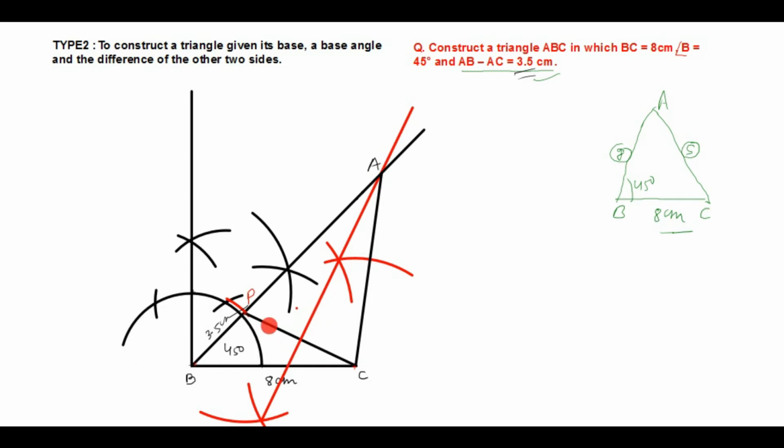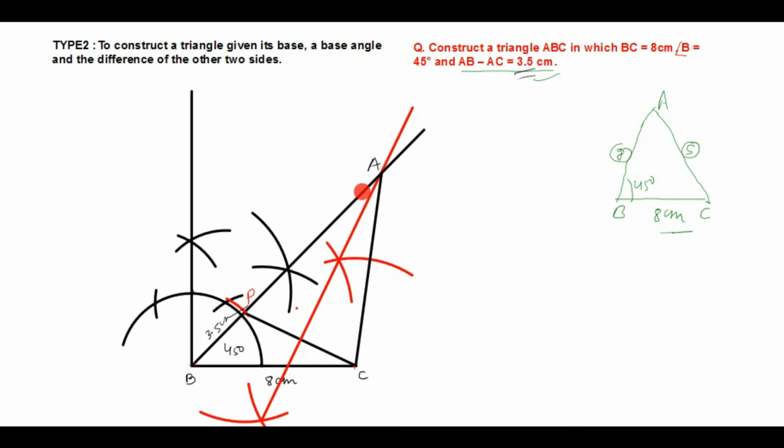First by side, angle, side, these two triangles are congruent, so you will get AC equal to AP by CPCTC. So this line segment AP will be equal to AC, and now if we add 3.5 to AP, it becomes your AB.